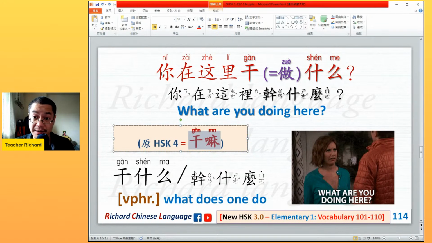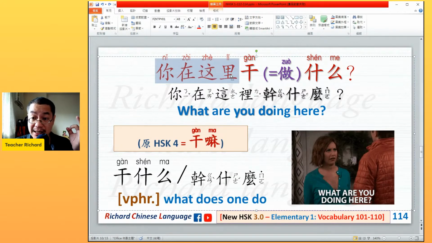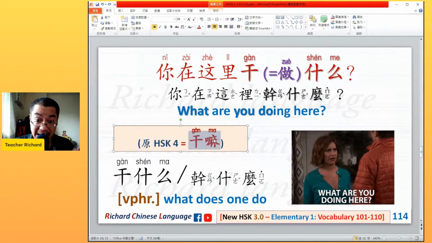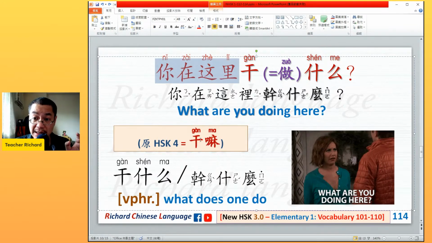The same meaning here. So you can say 干什么, you can also use 干嘛. The meaning is totally the same. 你在这里干嘛? 你在这里干什么? Okay, what are you doing here? Okay. 你在这里做什么? Yeah. Okay.